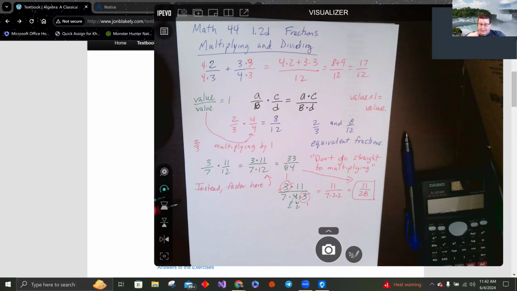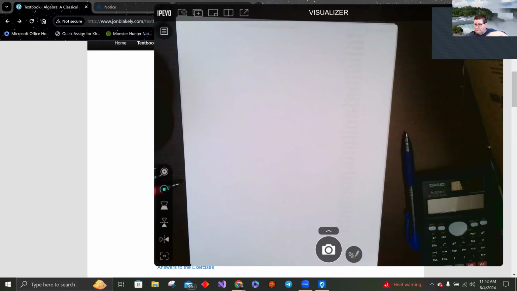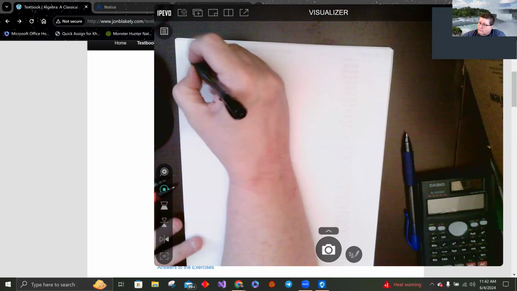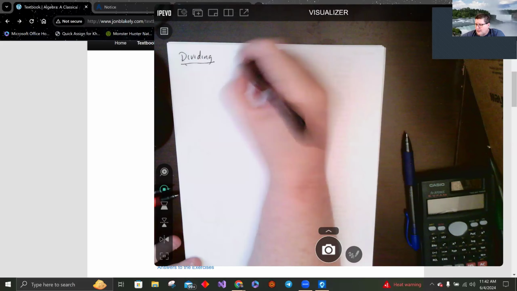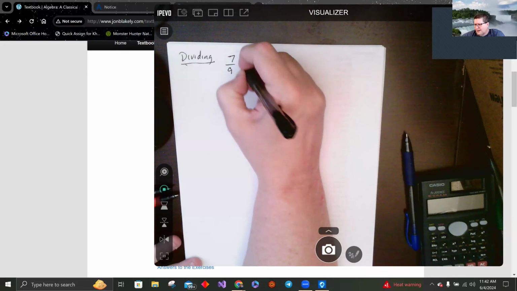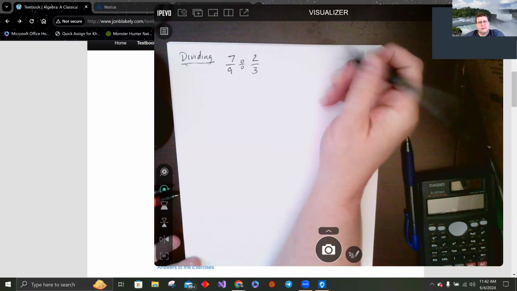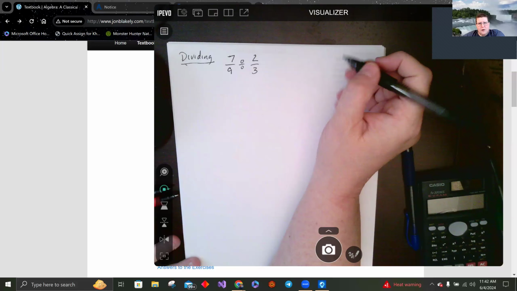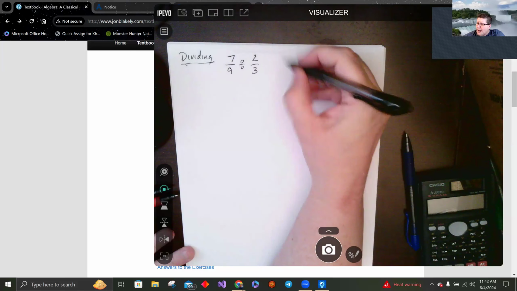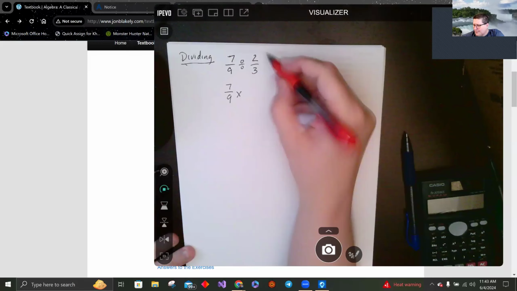So that's multiplying. Let's take a look at dividing. If I have 7/9 divided by 2/3, what I can do is I can change this to multiplication if I flip this number.